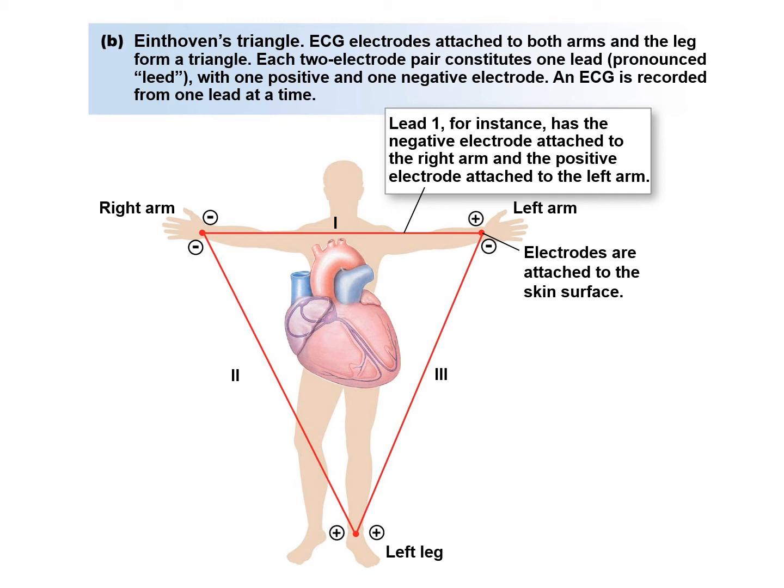If he saw a wave between the two arms, he called that orientation lead 1. But if he put one of the electrodes down on the leg, he saw a differently shaped wave, and he called that lead 2. And then if he went from the leg over to the other arm, he called that lead 3.